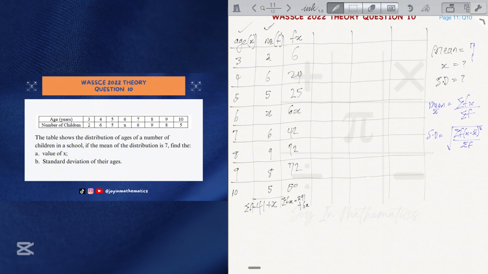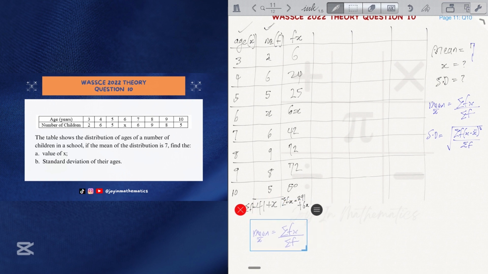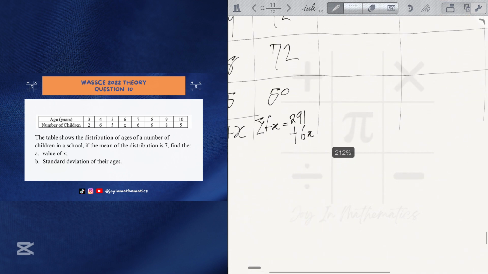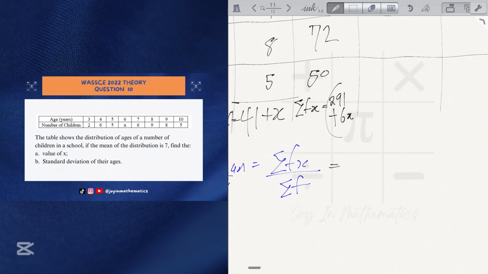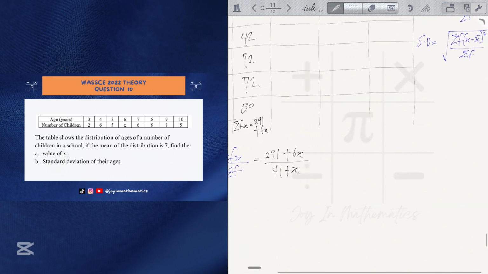So now let's begin with our formula for mean. The formula for mean is equal to summation f of x divided by summation f. And now we have that summation f of x is 291 plus 6x, and summation f is 41 plus x. Now we are looking for the value of x, and we are given the mean in the question to be equal to 7.